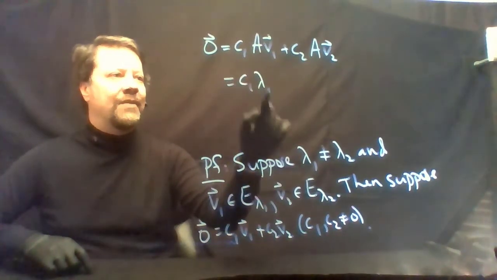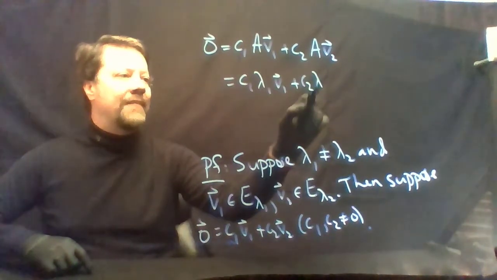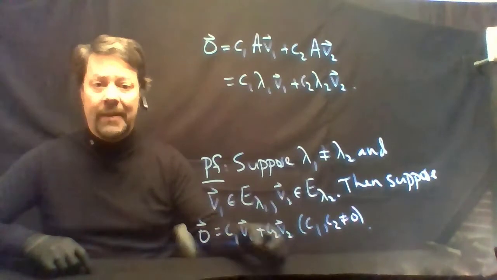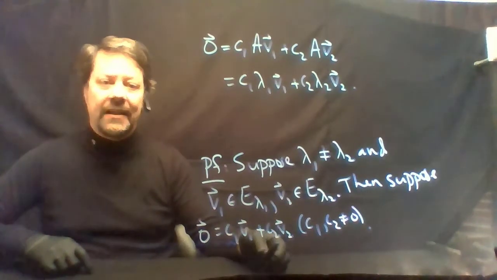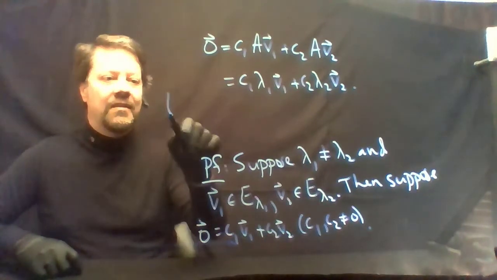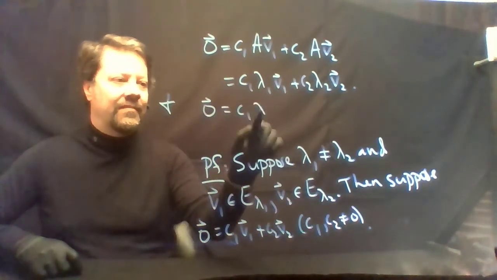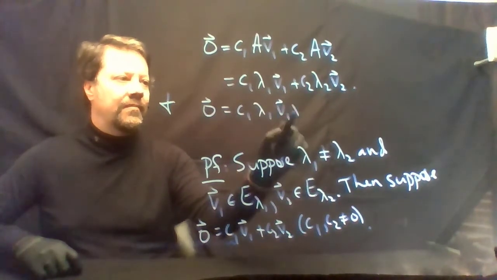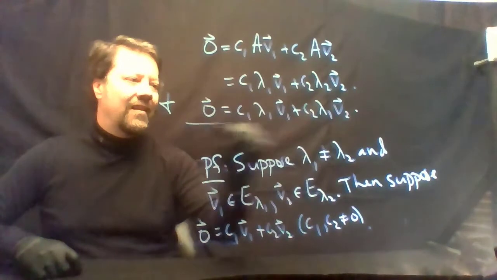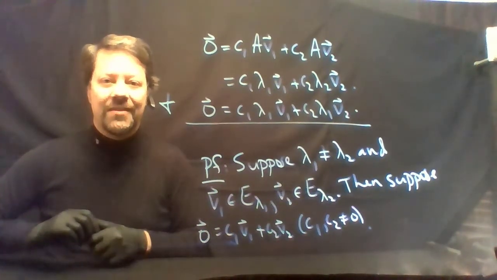We have c1 lambda 1 v1 plus c2 lambda 2 v2. Now, let's multiply this equation through by lambda 2. Let's multiply this equation through by lambda 1. I've stacked these because I intend to subtract these two equations.